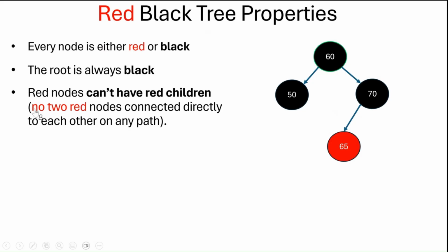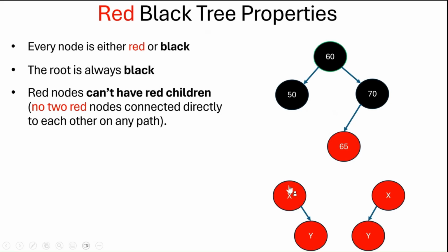It means that no two red nodes can be connected directly to each other on any path in a tree. So a structure like this, where two red nodes are connected as parent-child, is not allowed in a red-black tree. For example, if the 70 node is also red, then that is not allowed because 70 and 65 are directly connected to each other. Two red nodes cannot be connected directly.